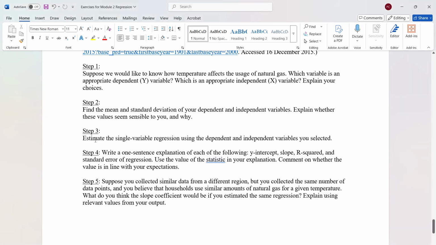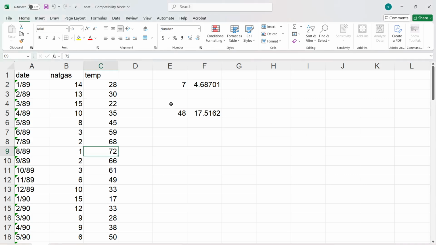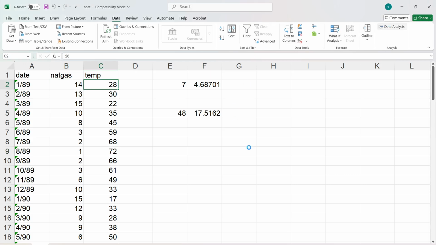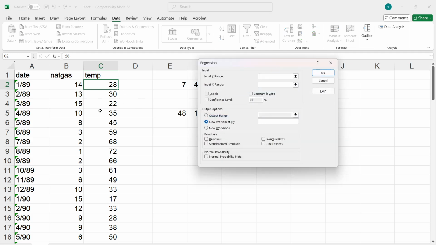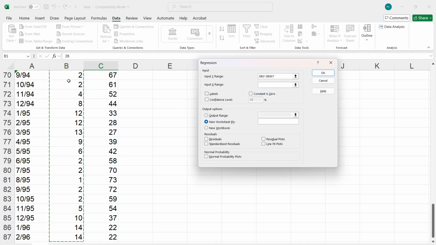Estimate the single variable regression using the dependent and independent variables used. Well, let's see if natural gas usage depends on the temperature. Go to data, grab the regression tool from the data analysis tool pack, and for the Y range, I'll take natural gas, dependent variable.